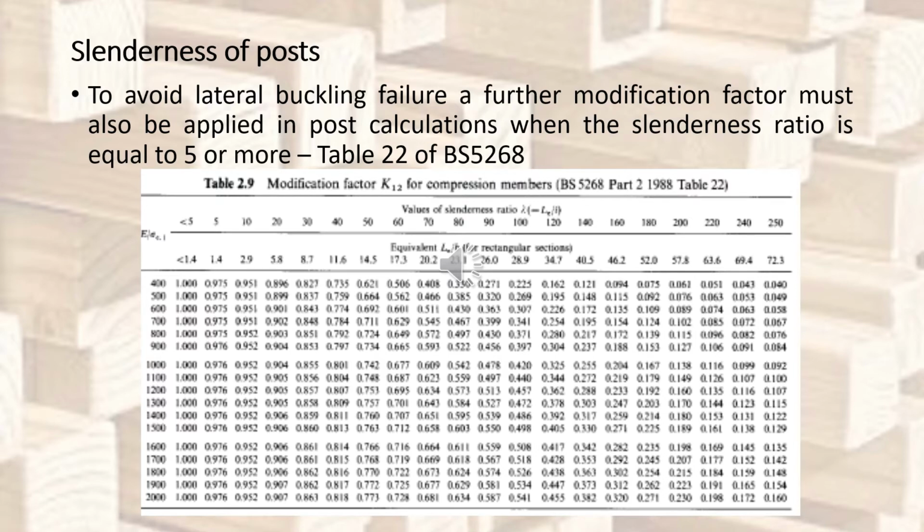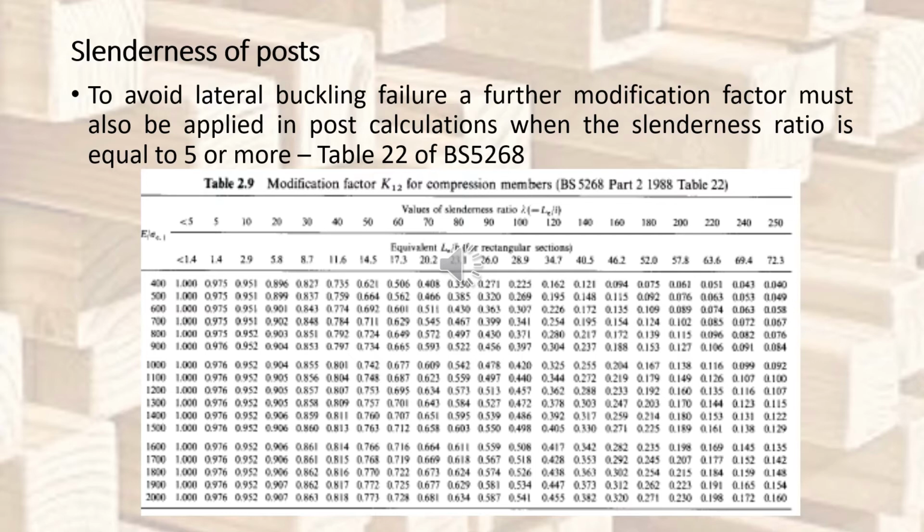When it is less than 5, the modification factor is 1. But when it is greater or equal to 5, the modification factor has a value which is less than 1, and you have to apply it accordingly.